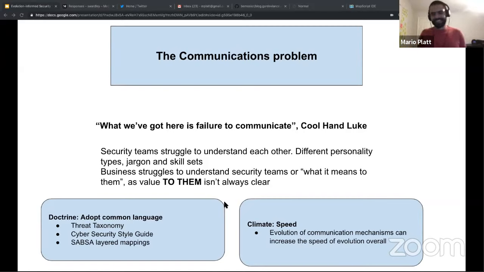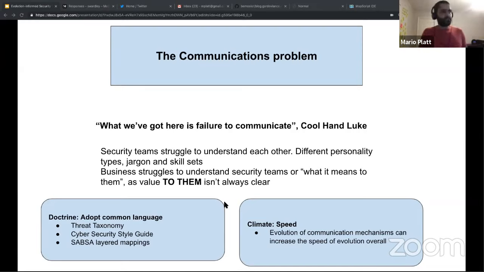But the reality is we do have a failure to communicate. And that failure to communicate is not just from us, InfoSec professionals, to the business. It's also between different teams under the CISO, right?